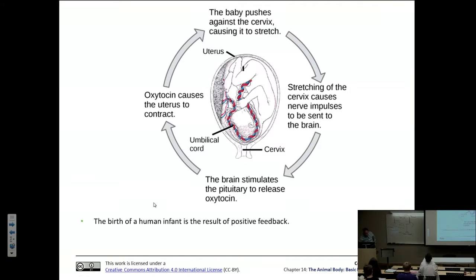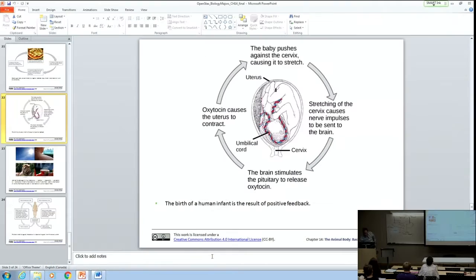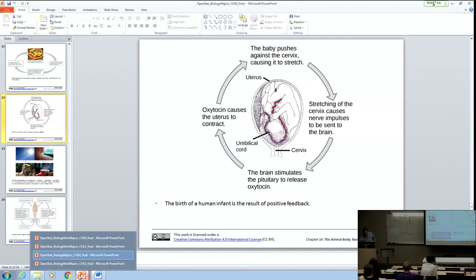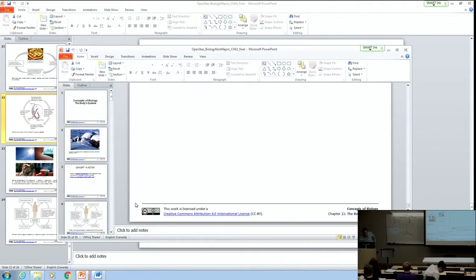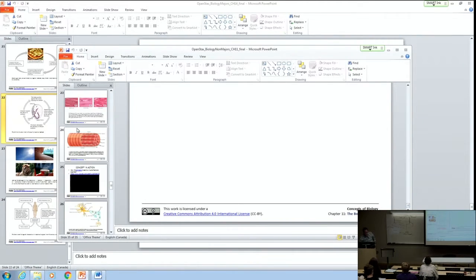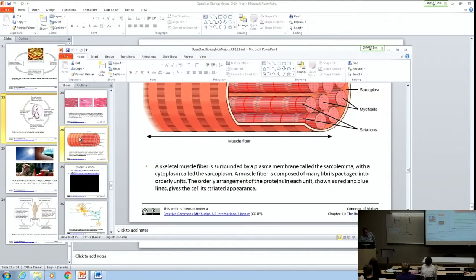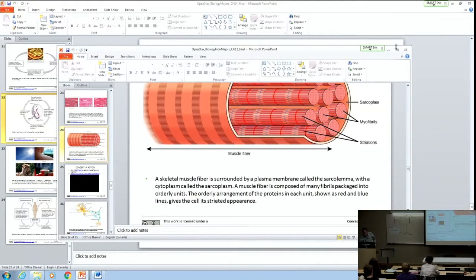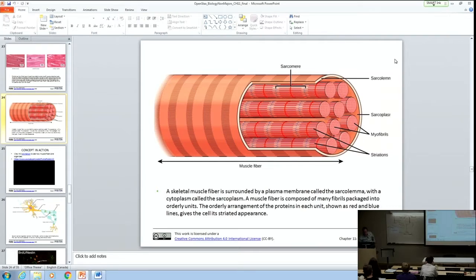All right, now I just want to show a little better picture of a muscle fiber, and then inside the muscle fiber are the fibrils, and then you can see the sarcomeres next to each other.